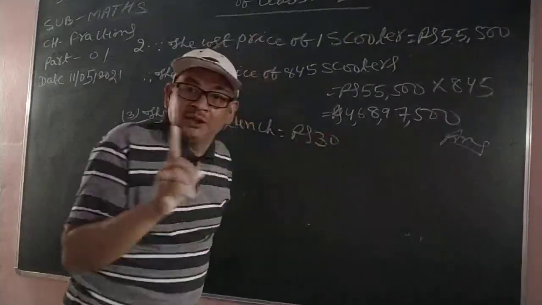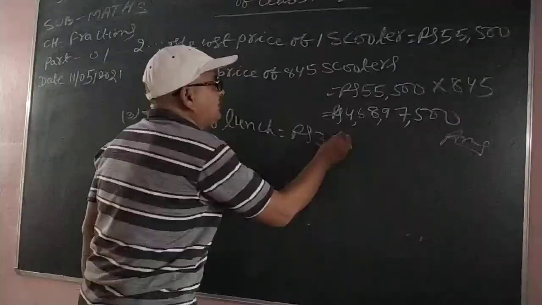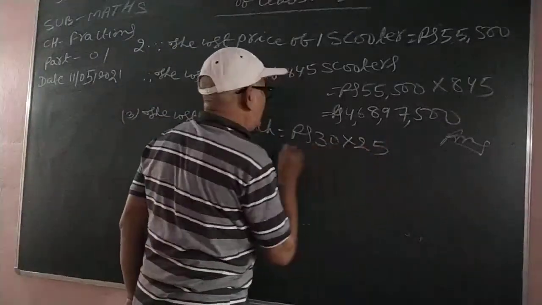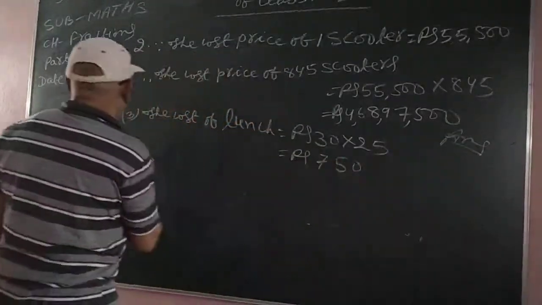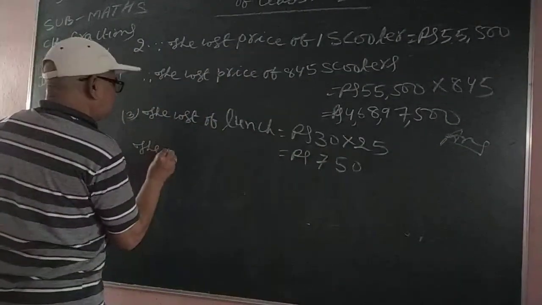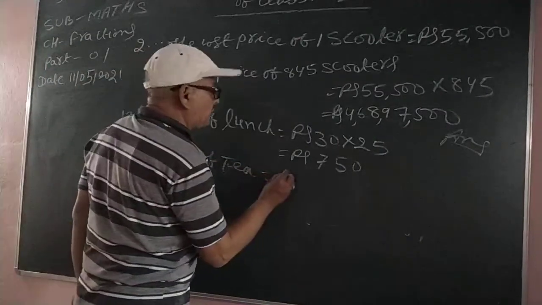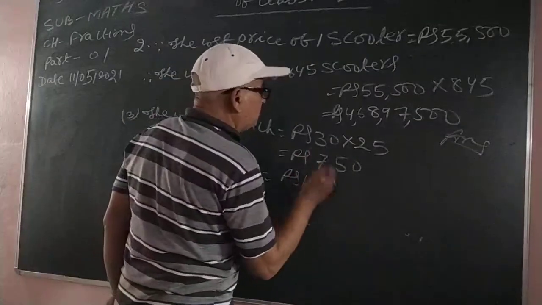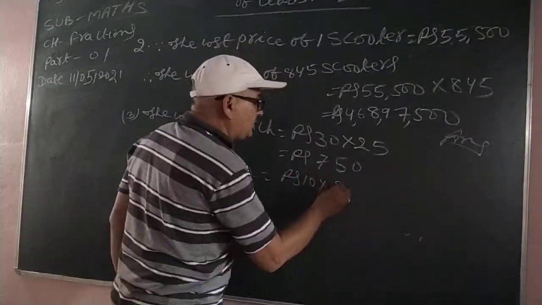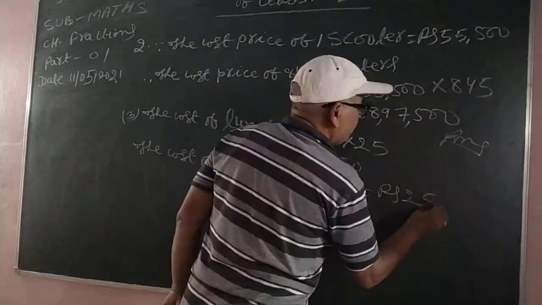In one day he spent 30 rupees, so for 25 days you will multiply. What will it come? Rupees 750. And the cost of tea is 10 rupees into 25 days, which is equal to rupees 250.